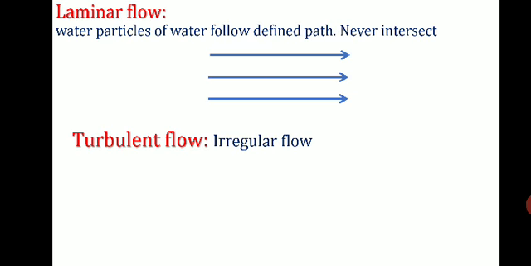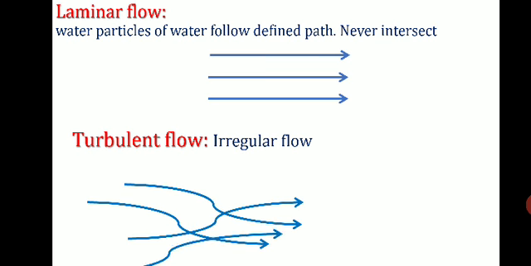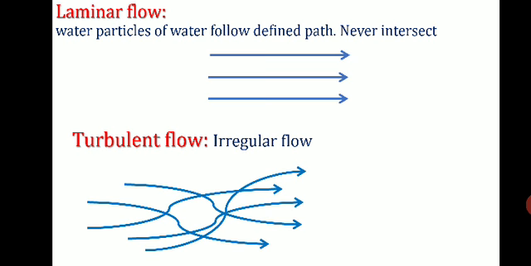Turbulent flow is the irregular flow, wherein the water molecules do not travel in a defined path and they intersect. That is the difference between laminar and turbulent flow.